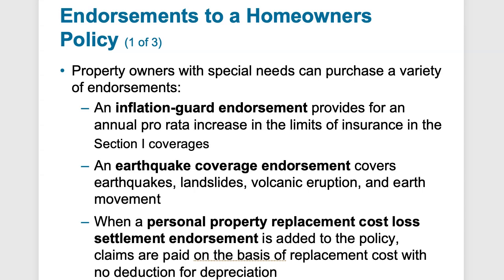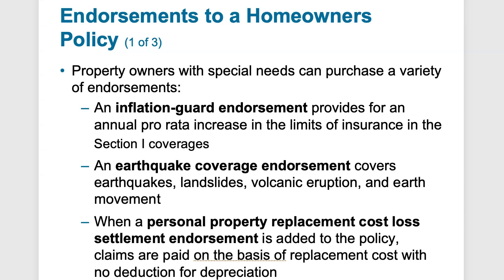Now, many insurance policies may only pay up to 80% of the replacement cost of your dwelling. So there is a situation where you want to add this inflation guard to your homeowner's policy, and the endorsement is designed to keep up with an annual pro rata increase to the limits of the insurance.